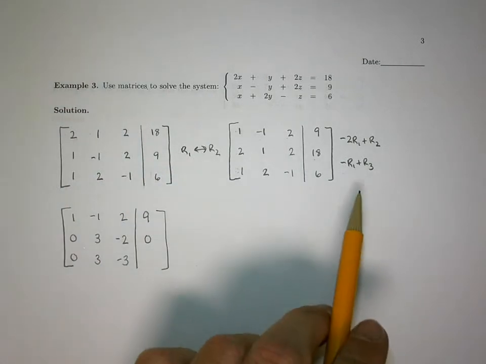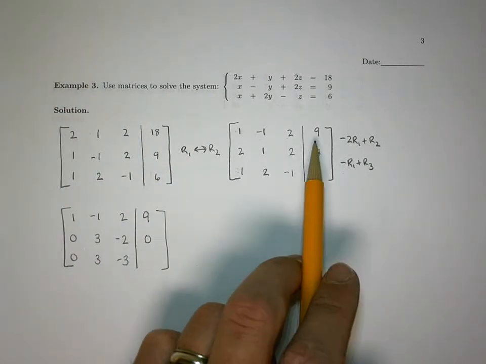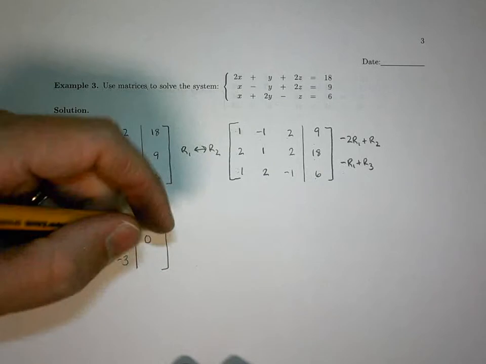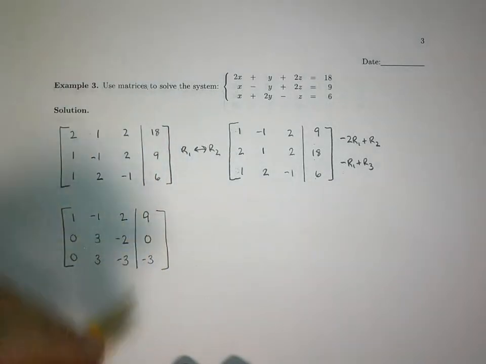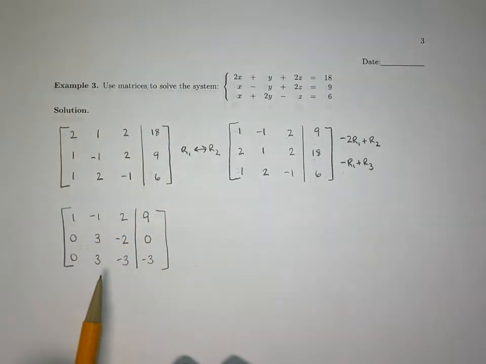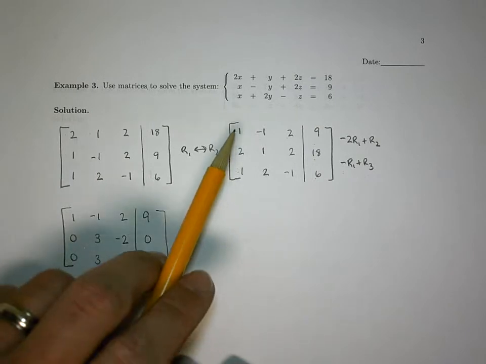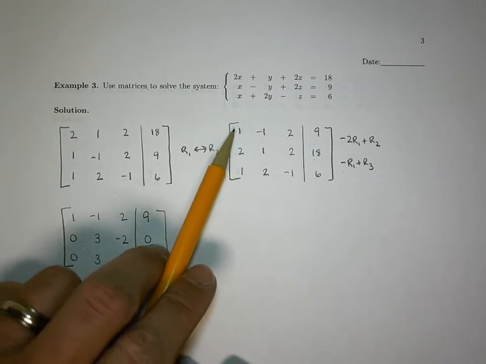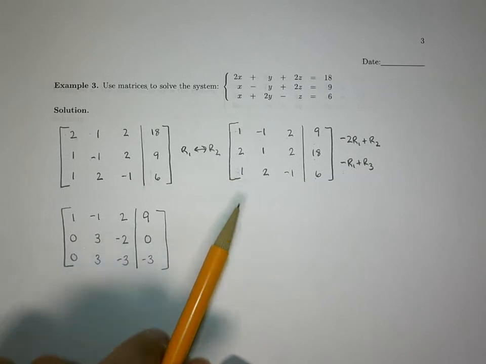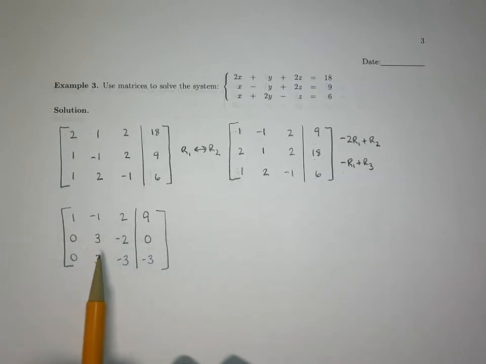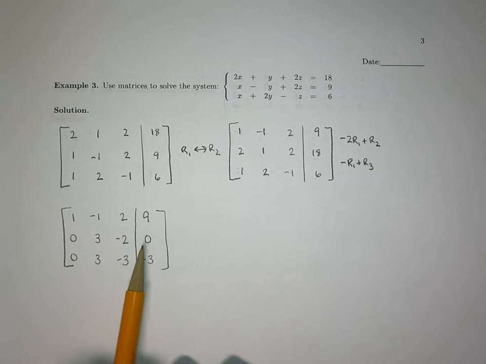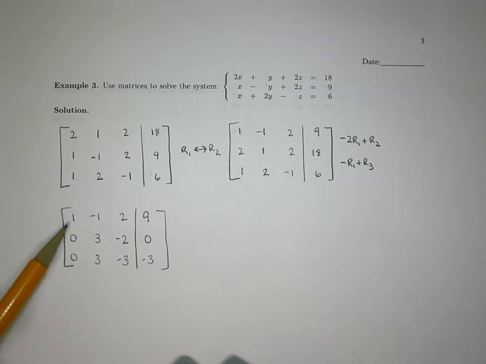On the right side, negative 9 plus 6 is negative 3. So to create this matrix, I've eliminated x twice, using equations 1 and 2 and using equations 1 and 3. By eliminating x, I've created two new equations, 3y minus 2z equals 0, and 3y minus 3z equals negative 3. Now x has been eliminated.